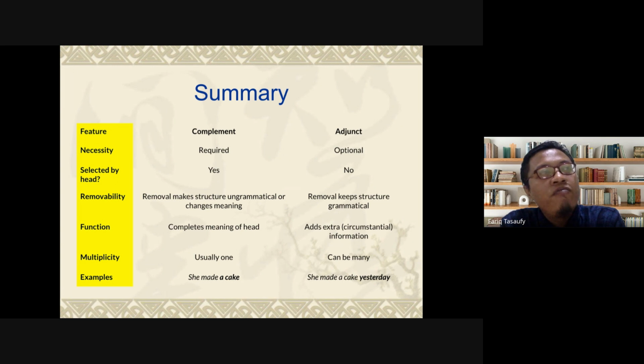It will be helpful for you to draw the syntax tree once you identify which one is the verb, which one is the complement, and the adjunct. It is easier to draw a syntax tree if you already categorize them. After that, you go back to the subject or the noun phrase, and then start defining the internal structure of the others, and so on.